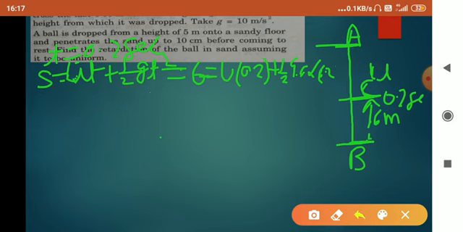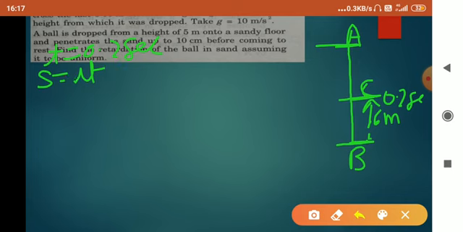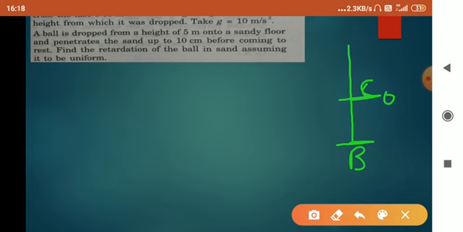In this, we have 3 points A, B and C. A point is from which the ball is dropped, C point is the sandy floor and B point is at a distance of 10 centimeter in the sand. It is 10 centimeter or we can write 0.1 meter.